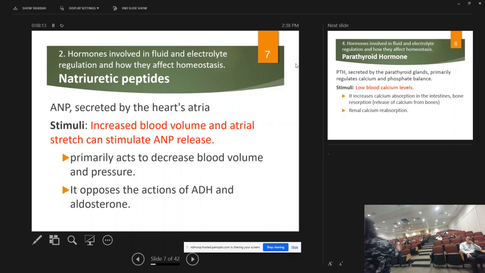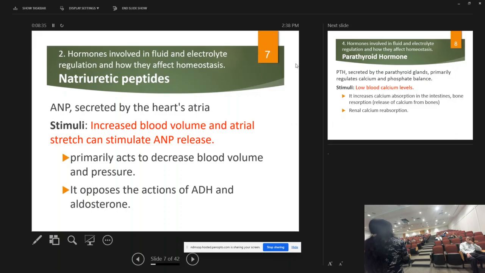And so the balancing act of how much is released, it's not like an all or none response. So there is always an ADH level in your body. There is always this ANP level in your body. Depends which one is going really high. It's like a balance.